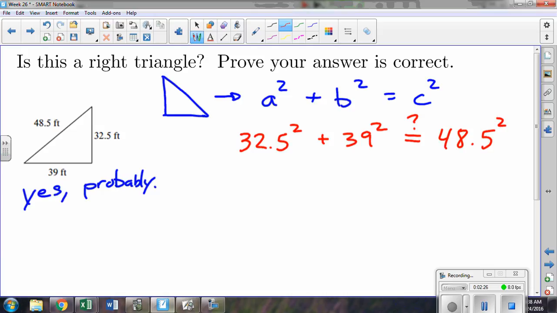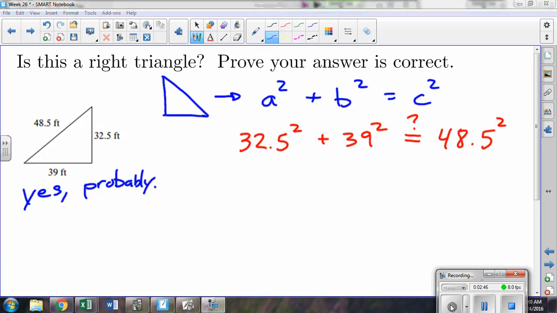If the Pythagorean theorem actually works, then we can verify this thing truly is a right triangle. And let's get our calculators out, because I don't want you guys doing 32.5 squared by hand. Let's save ourselves some time with the number crunching.